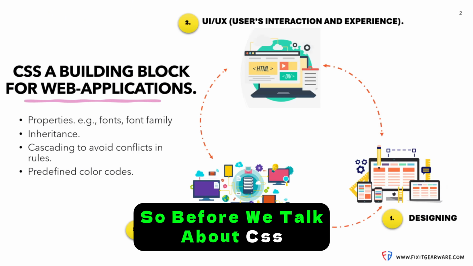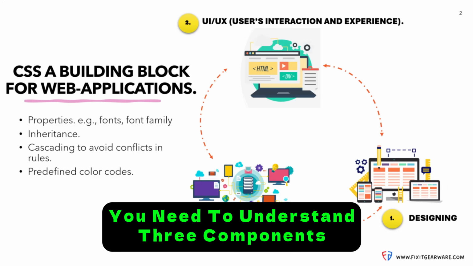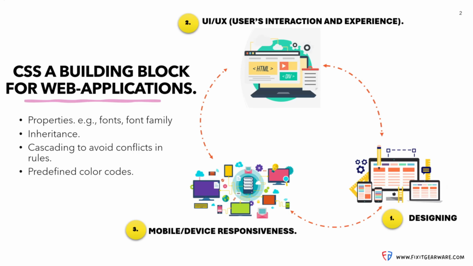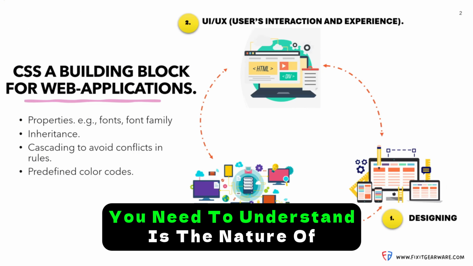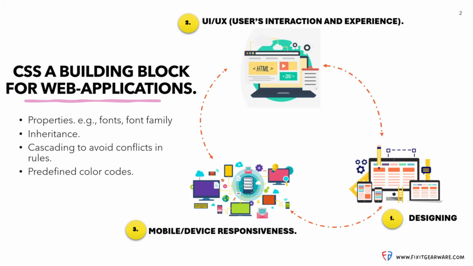So before we talk about CSS, you need to understand three components when building a website for your clients. The first component you need to understand is the nature of the project or the website you're designing.